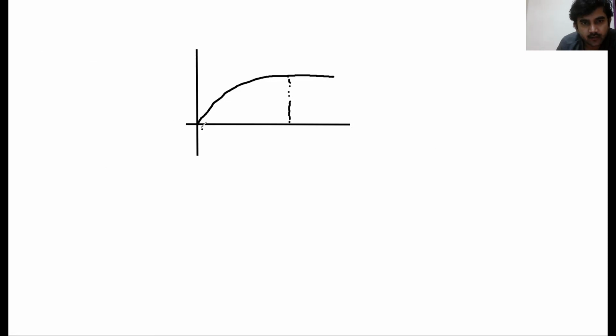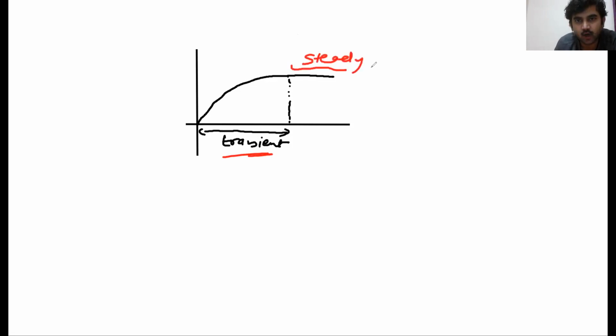So this period is your transient period, and when the graph settles, this period is your steady state period because your output settles. So this is the period where transient occurs, and this is the steady state part.